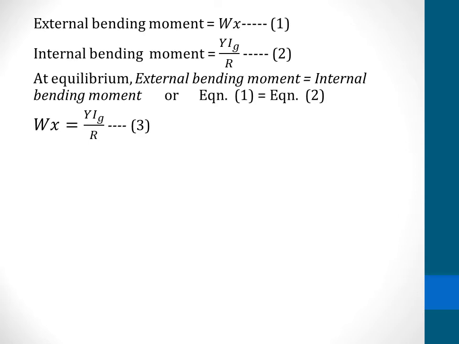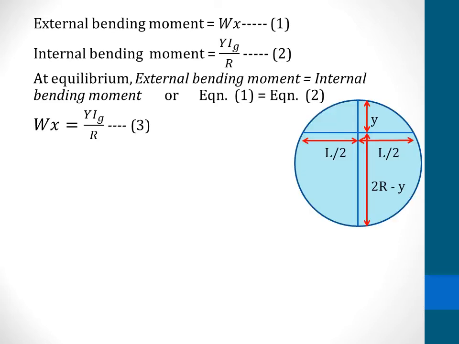Therefore, we proceed to what is called the intersecting chord theorem, and in order to use this intersecting chord theorem, we extrapolate the arc which we obtained from the beam in the form of a circle. Inside the circle, we draw a chord across the diameter. This is the chord which is drawn across the diameter, and therefore we have a segment L by 2 on the right hand side and another segment L by 2 on the left hand side.